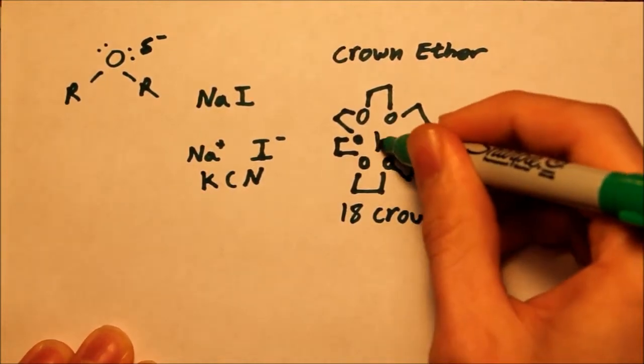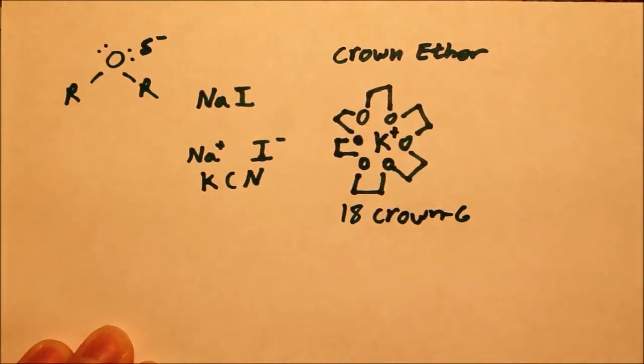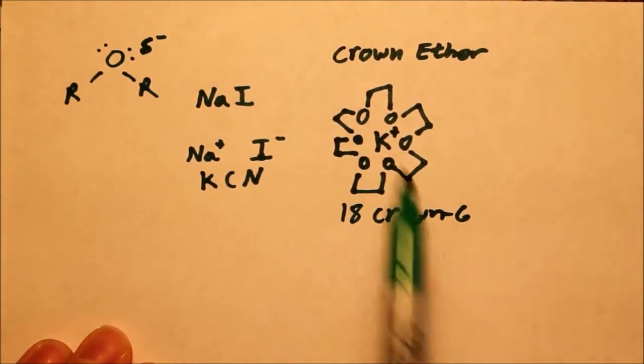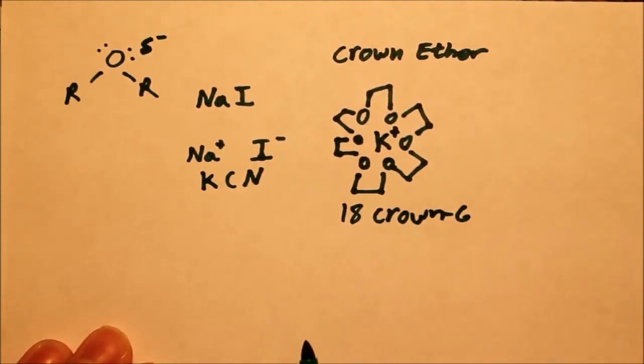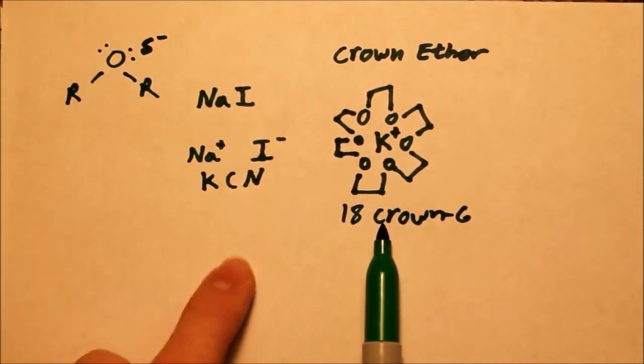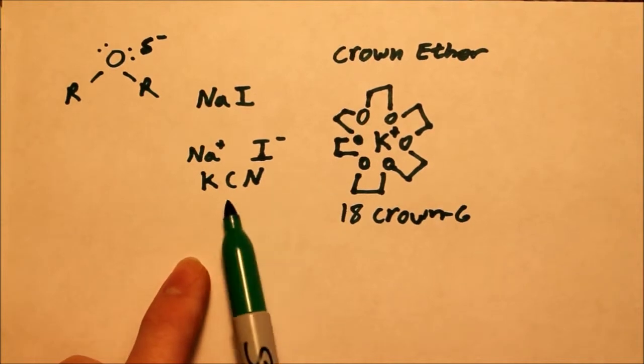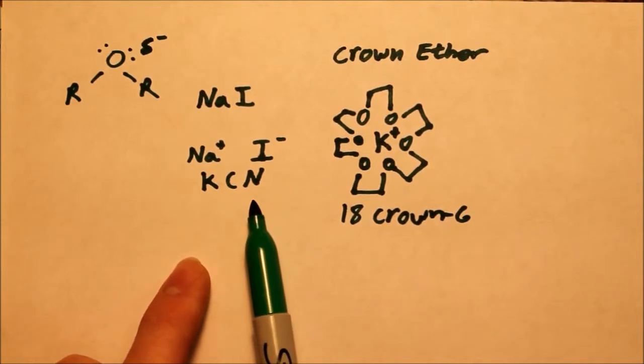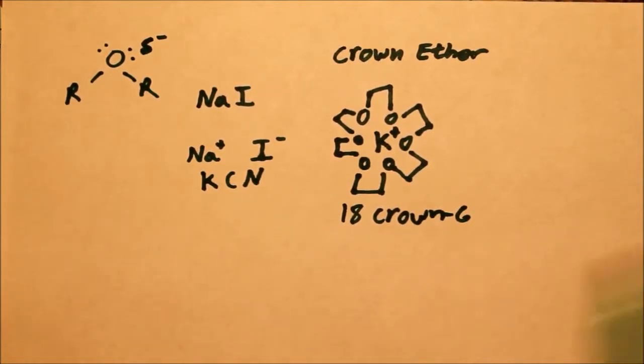And potassium just happens to fit, or the potassium ion fits very, very well within that 18-crown-6 ether. So this is a way to increase the nucleophilicity of cyanide in a solvent that's not water, because obviously if we put water in there, you've got hydrogen cyanide gas that's more than likely going to be produced.